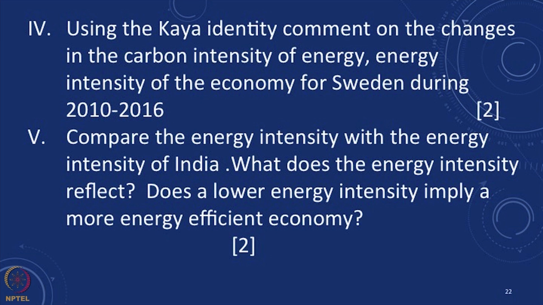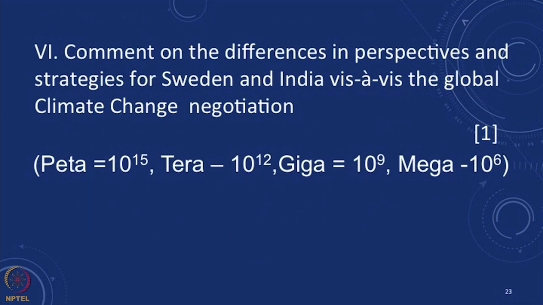So, the last question in the paper is to comment on the difference in perspectives and strategies for Sweden and India vis-a-vis the global climate change negotiation. The first point to keep in mind is that Sweden's CO2 per population is significantly higher than that of India.